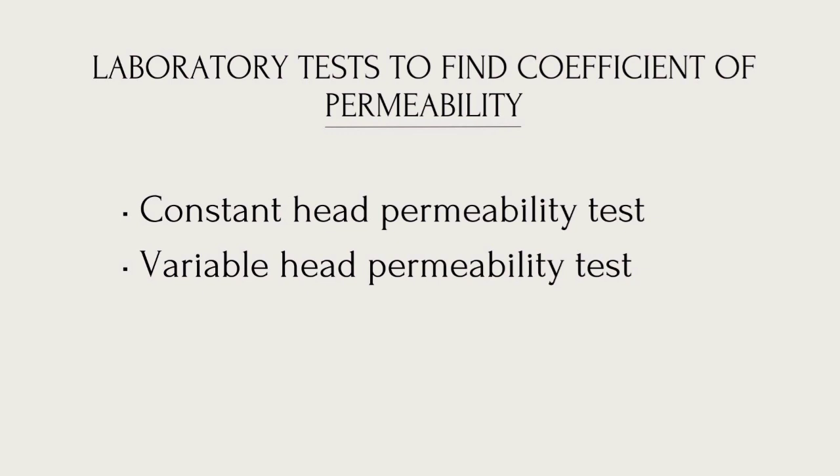It is also one of the several techniques by which the permeability of soil is determined. It is used to evaluate the permeability of fairly less pervious soils, that is, fine-grained soils with intermediate and low permeability such as silts and clays.